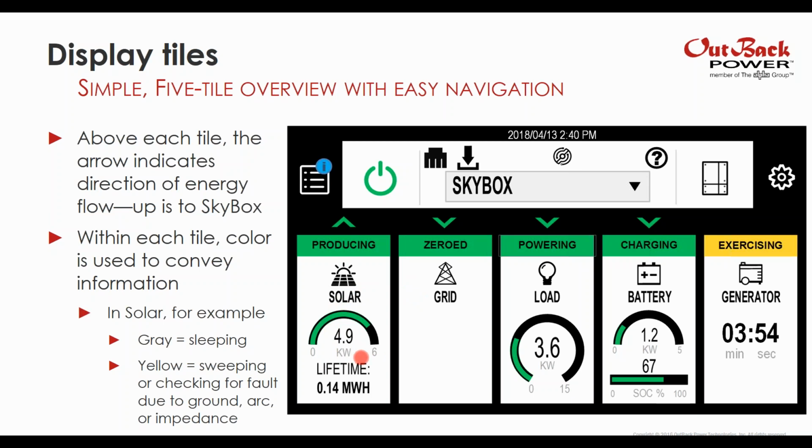For example, in the solar tile, gray would mean sleeping, yellow would mean that it's either doing an MPPT sweep to maximize power, or it's checking for any number of faults: arc fault, which is built in internal to SkyBox, ground fault, also built in within SkyBox, or an impedance check, also something that SkyBox can do without any additional hardware.